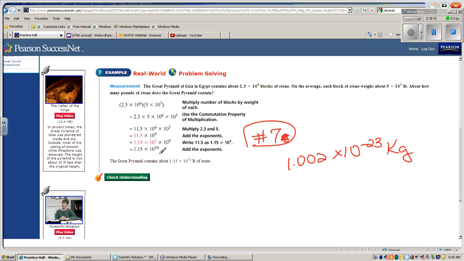Okay, so on number 7, under the check for understanding that's written in your book, it's not written up here, but it's in your book.